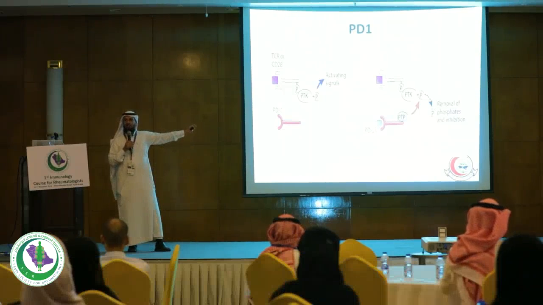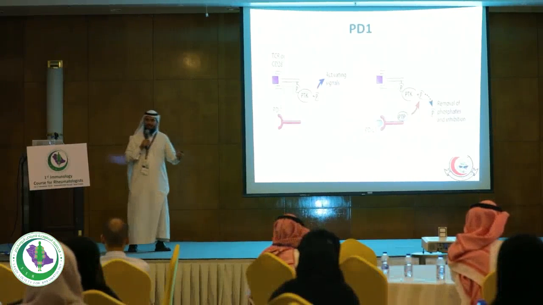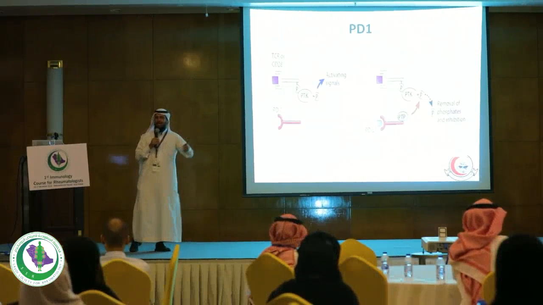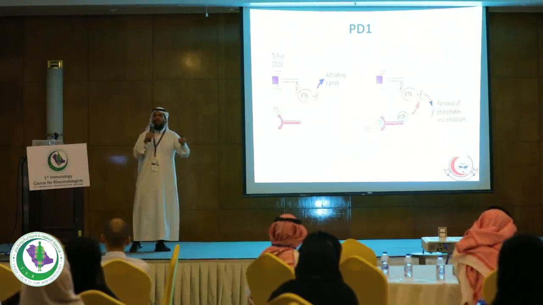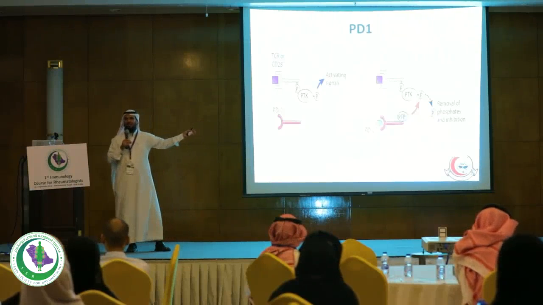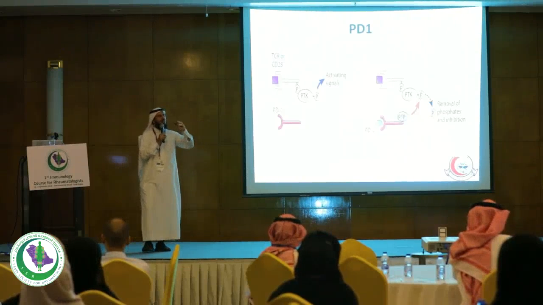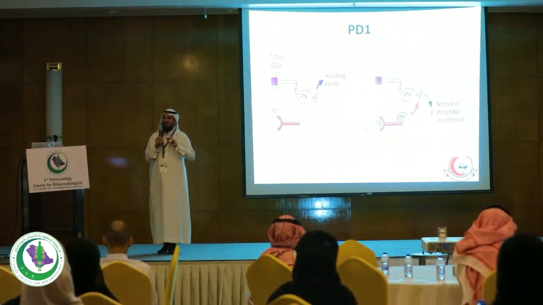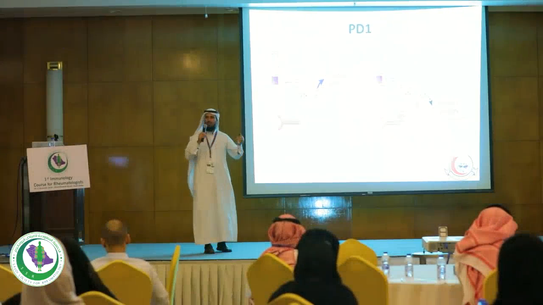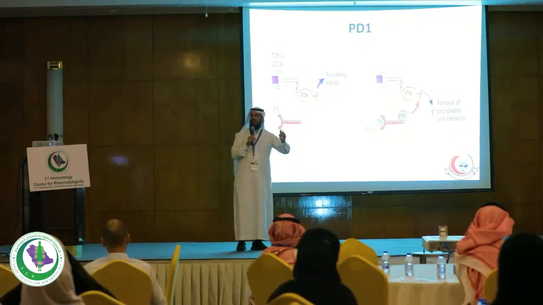It's the same for PD-1. If I have cancer, I would like to stimulate the immune system, with no brake and no inhibition, just block PD-1. So really, we are playing with just CTLA-4 and PD-1. If you have cancer, just remove the brake. Block CTLA-4, block PD-1, and you'll kill the cancer. And this is the Nobel Prize.